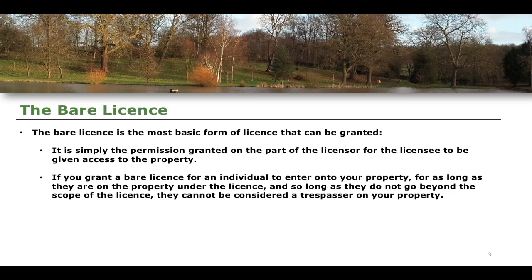That's what fundamentally distinguishes somebody who has been invited, an invitee, or somebody who has permission to enter the property, from a trespasser. This is the idea of not having license to be on the property.